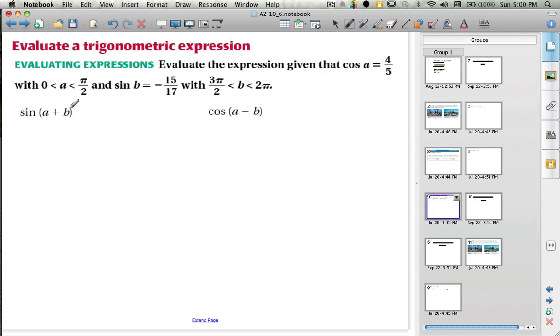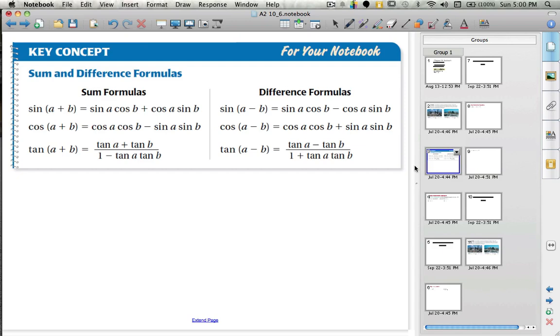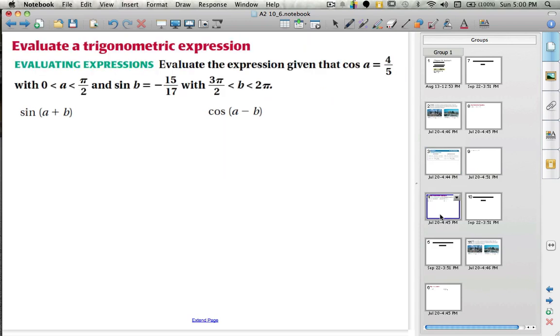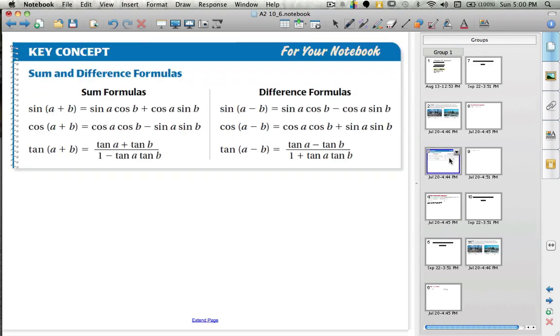If we have the sine of A plus B, it's going to be the sine of A times the cosine of B plus the cosine of A times the sine of B. Okay, let's make sure I copied that right.